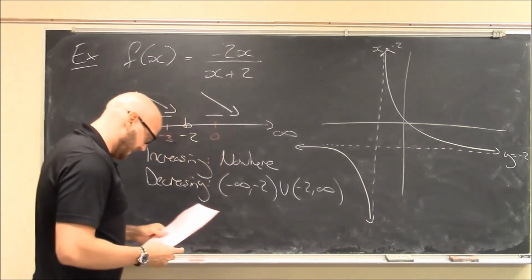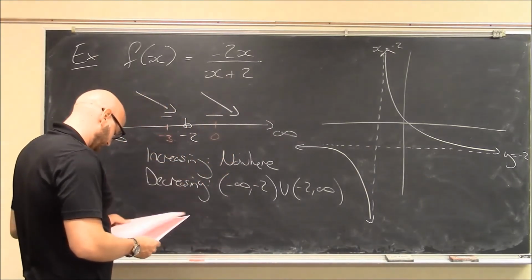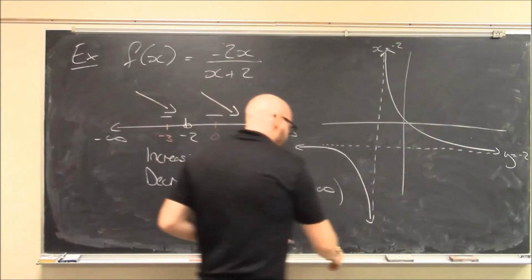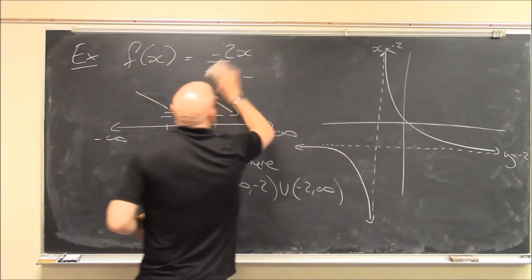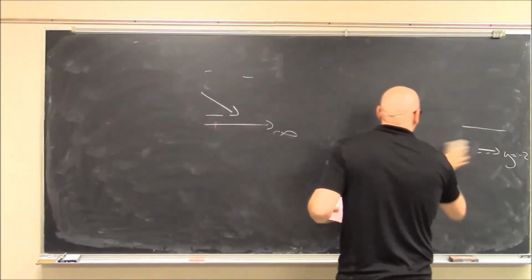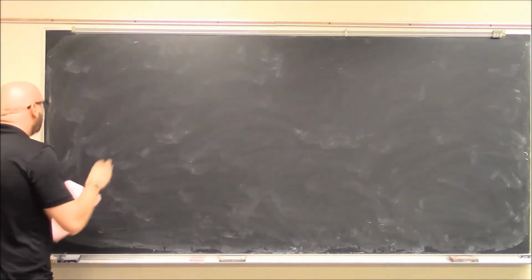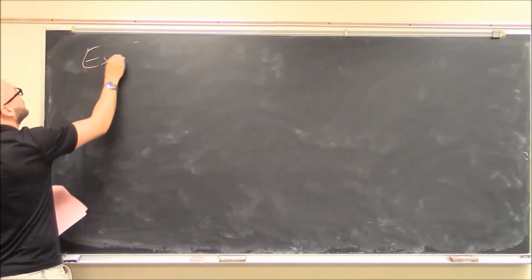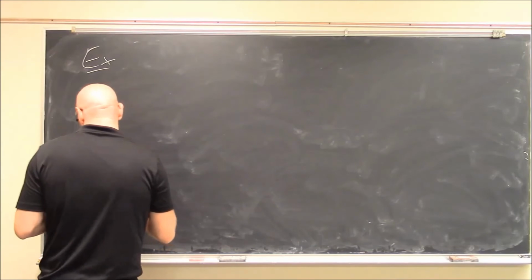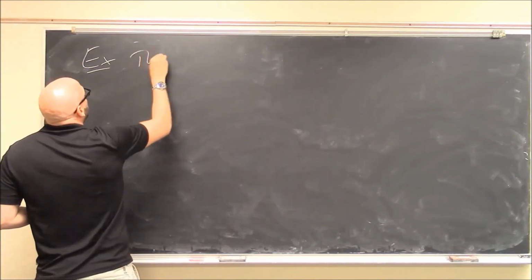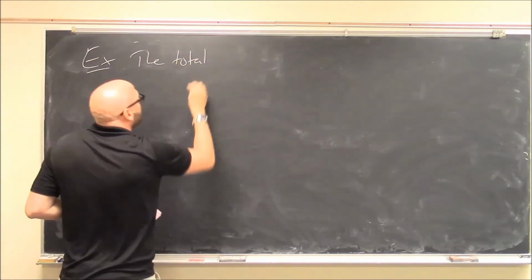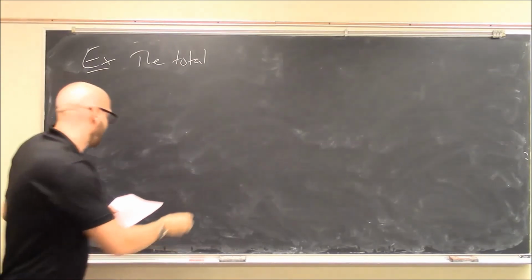Okay, how many more examples do I want to do? One more. Okay. Let's say this. The total cost, well, we'll make this a business application. We'll put some words around this.